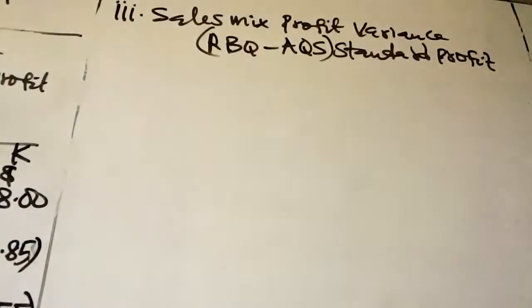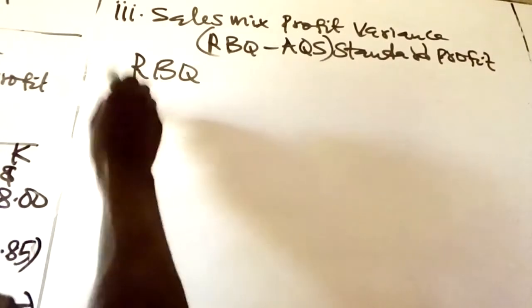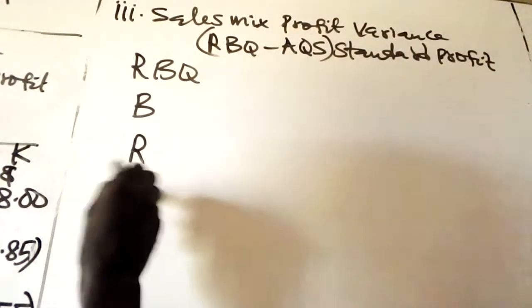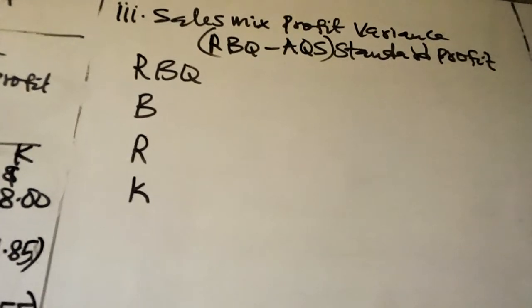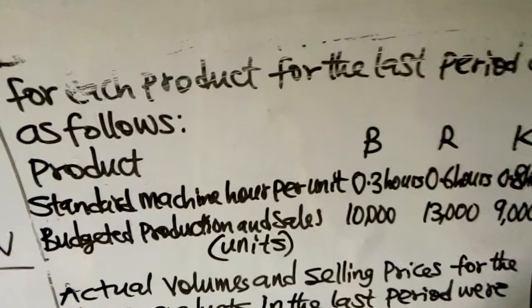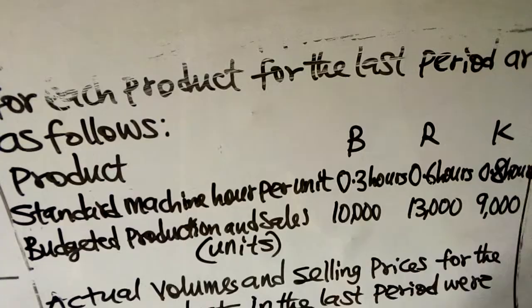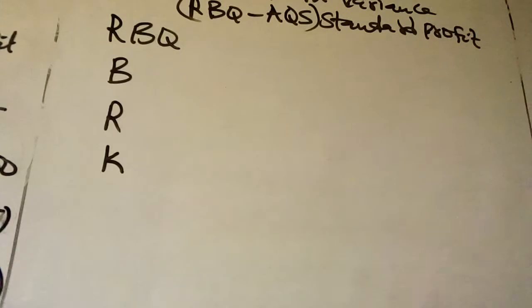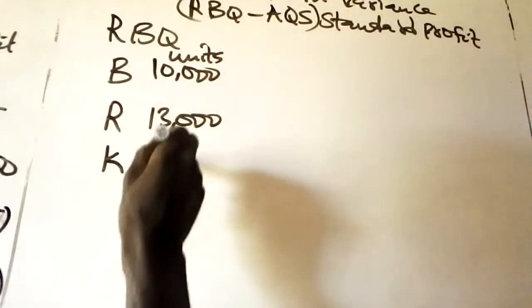If it is contribution, then you are going to have your standard contribution. Now, what is our revised budgeted quantity? Don't forget there are three products: product B, product R, and K. Our budgeted quantity for B, R, and K is 10,000 units, 13,000, and 9,000.